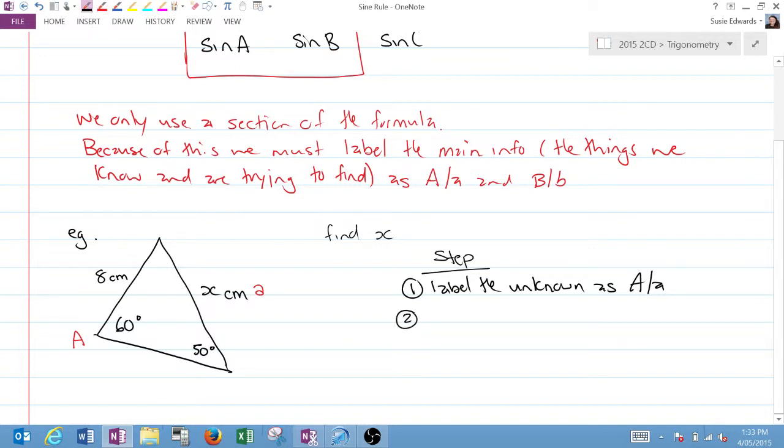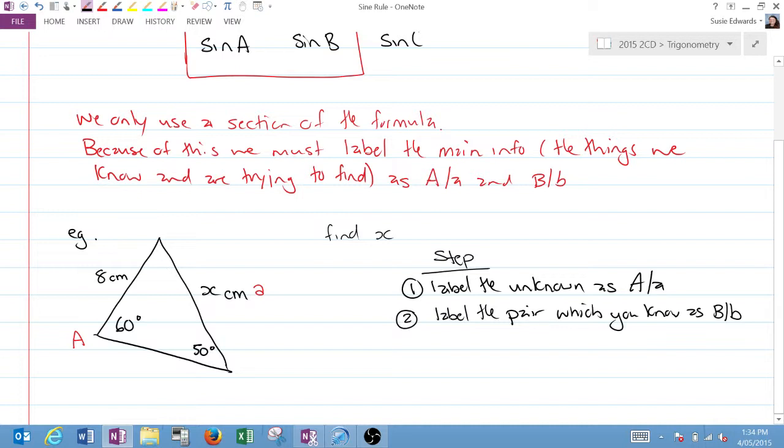Step 2 is going to be label the pair which you know, pair meaning a side and an angle, as capital B and little b. So for this, you have to be told 3 bits of information. You have to find the corresponding side or angle.